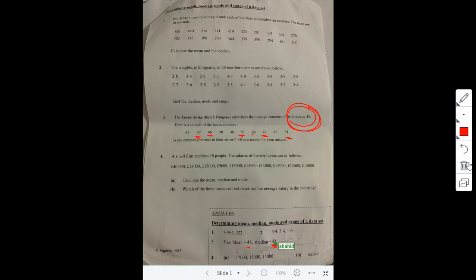So what does it mean by that? I'm guessing the 17,000 would be the mean, the 15,000 would be the median, and the mode would be 15,000. Yes. So I'll just double check that for a minute, if 17,000 is the mean.